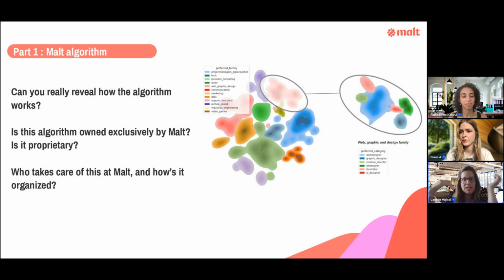Because we actually have two different goals, which have to match at the end.